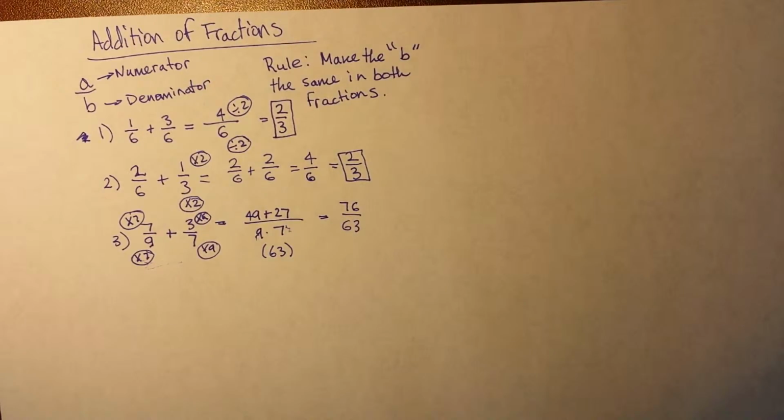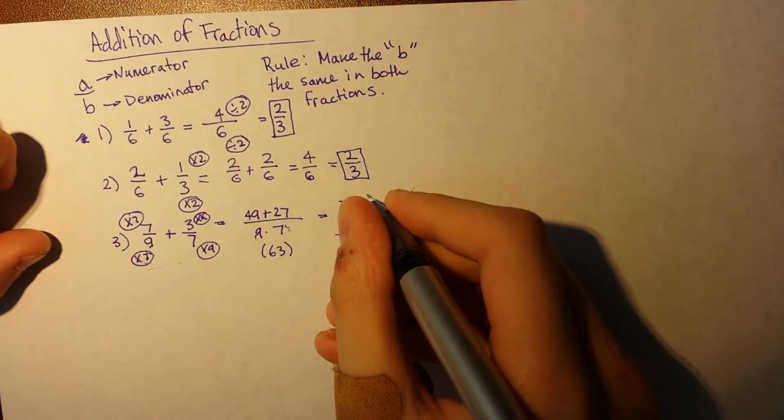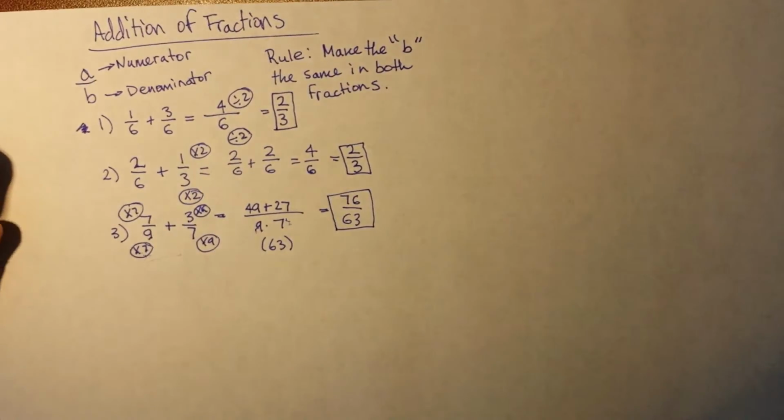And now we really have to check if this is the most simplified form. So 76 divided by 3. I believe this is the most simplified form. We don't really have an option of simplifying it even more. So this will be our most simplified answer.